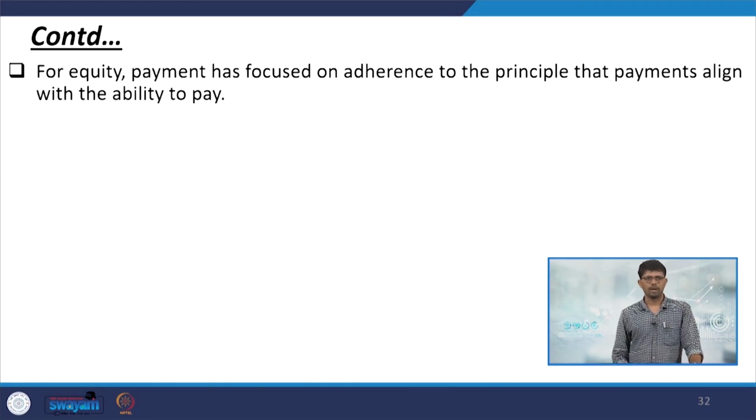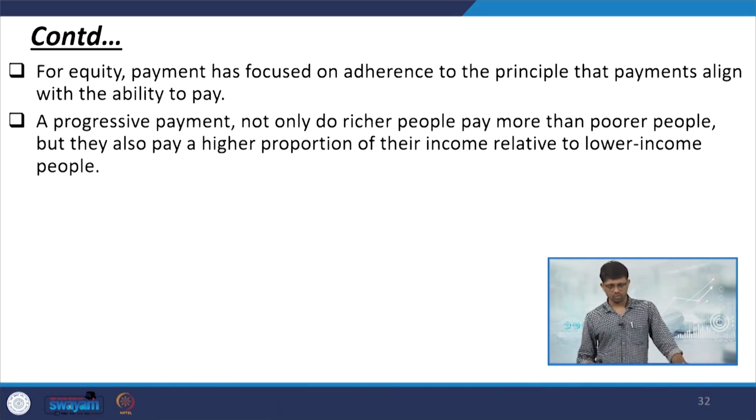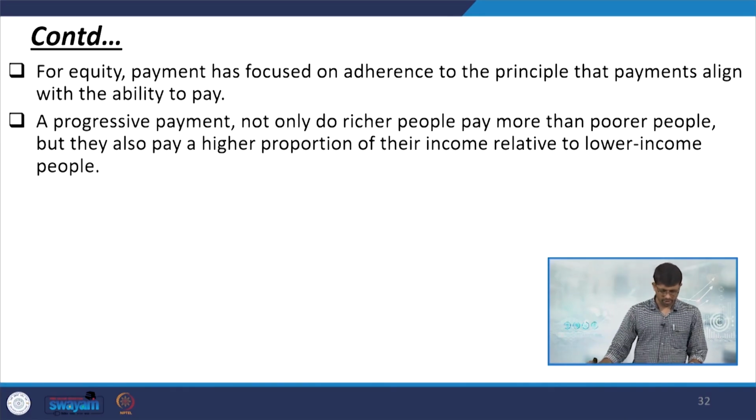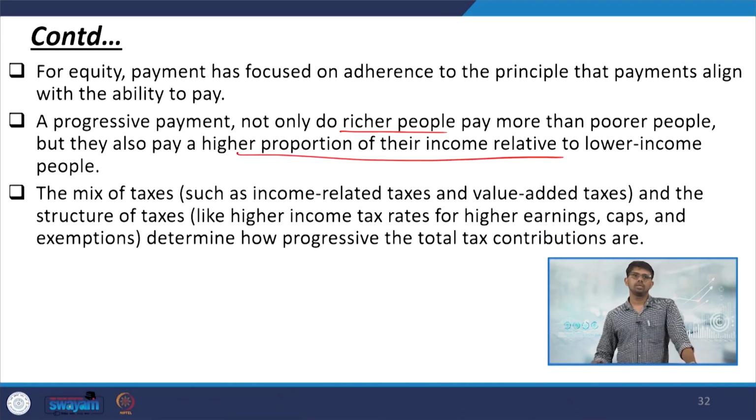lower income people. For equity, payment has focused on adherence to the principle that payments align with the ability to pay. With a progressive payment, not only do richer people pay more than the others, they also pay a higher proportion of income. The mix of taxes and the structure of taxes determine how progressive the total tax contributions are.